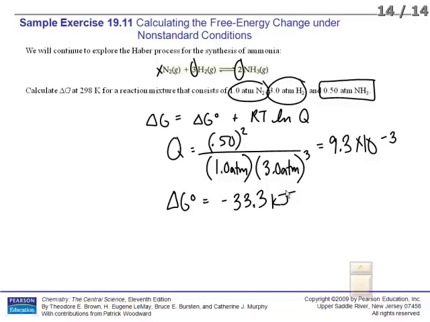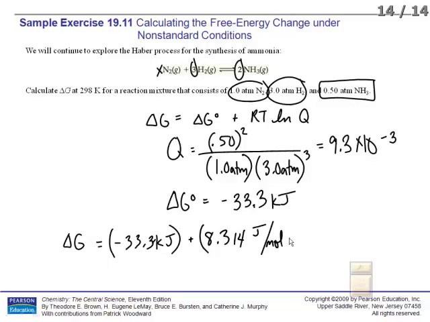So here we go. Keep in mind we got to be very observant of all of our units that we used. So the overall delta G for the non-standard, we're going to use the negative 33.3 kilojoules plus the R value that you guys should be using. Be careful. This one should be 8.314. Watch your units. Joules per mole K. So what do you think I should be doing to the joules per mole K?